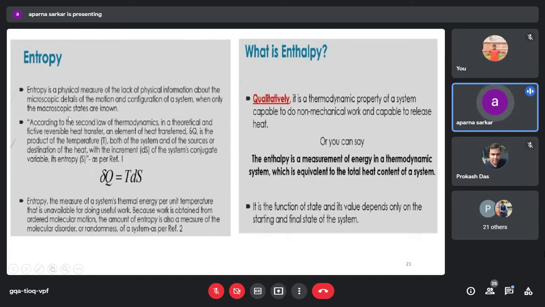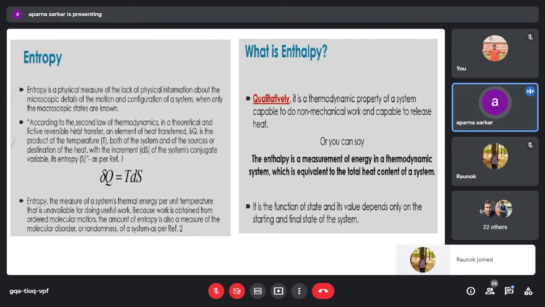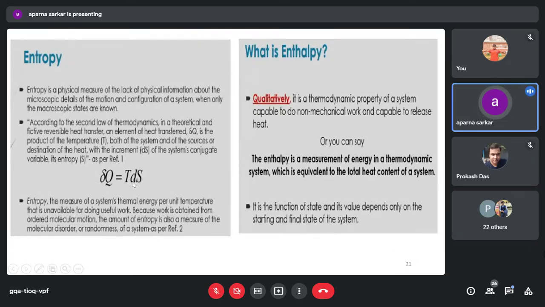This entropy is a physical measure of lack of physical information about the microscopic detail of the motion and configuration of a system. So this is the formula, dq is equal to TdS, and what is dq or del q? That is the product of the temperature T into dS. And what is dS?